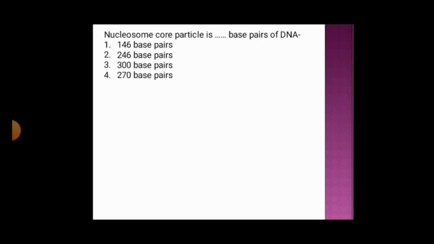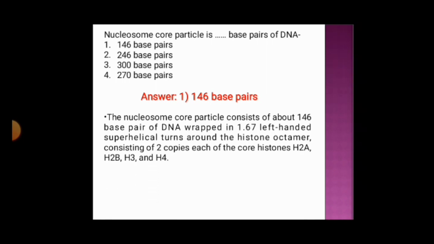Next question. Nucleosome core particle is, fill in the blank, base pairs of DNA. Option 1 146 base pairs, option 2 246 base pairs, option 3 300 base pairs, and option 4 270 base pairs. The correct answer is option 1, 146 base pairs. The nucleosome core particle consists of about 146 base pairs of DNA wrapped in 1.67 left-handed superhelical turns around the histone octamer.